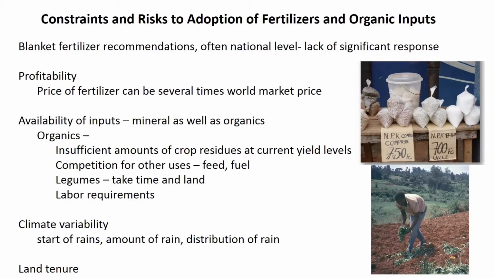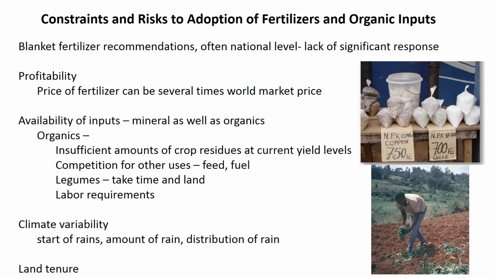They take up land. If you don't have much land, why would I put my field in a field of legumes if it's not going to give me an immediate benefit or maybe even a medium-term benefit? And labor requirements. For many things you think farmers should be doing, it's added labor. And so there's lots of reasons they don't adopt.